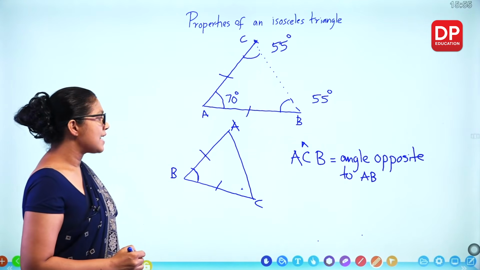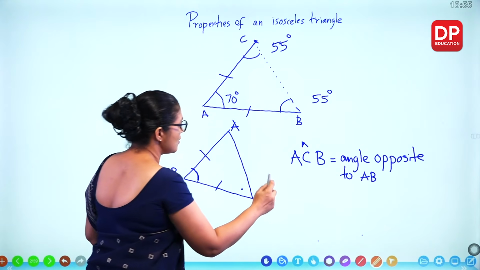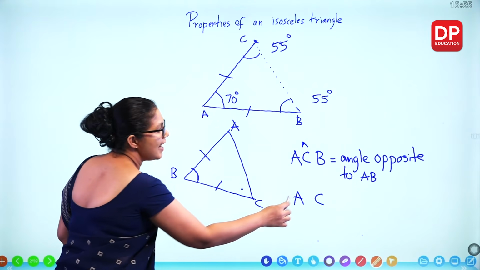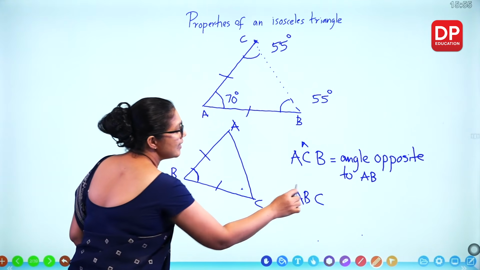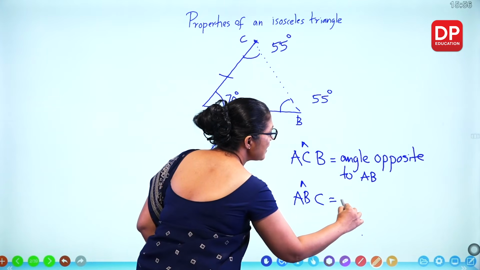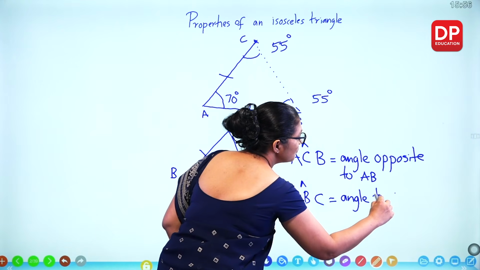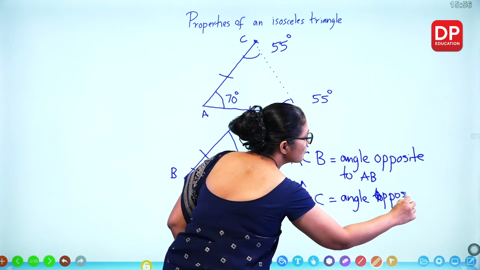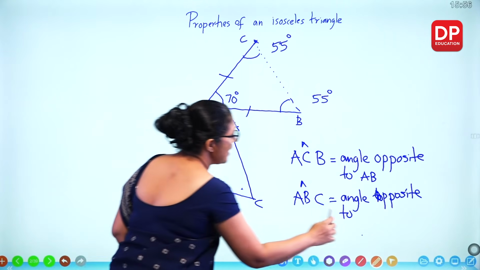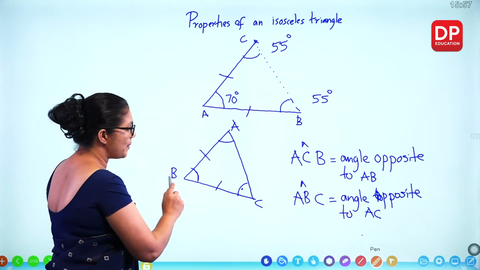Now, how can we write the angle opposite to AC? AC line is there, so you write AC with a gap and include the other letter, angle ABC. So what does ABC mean? Angle opposite to AC. Now what's the angle opposite to BC?